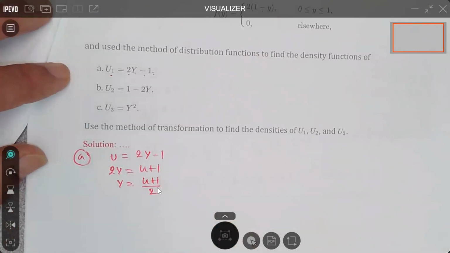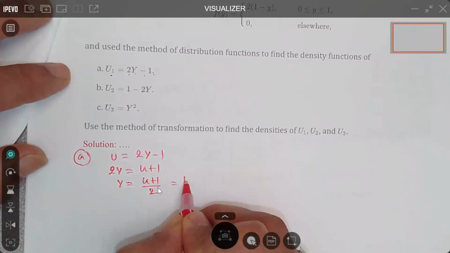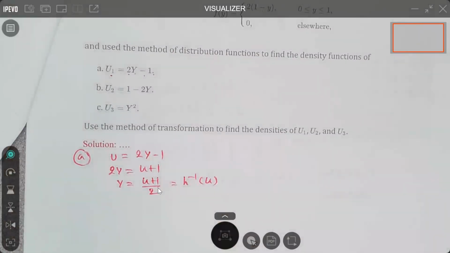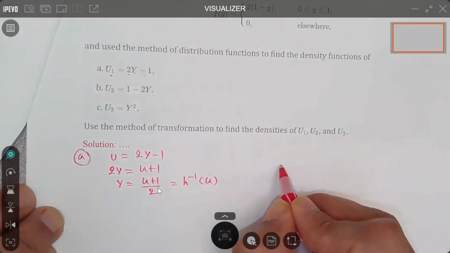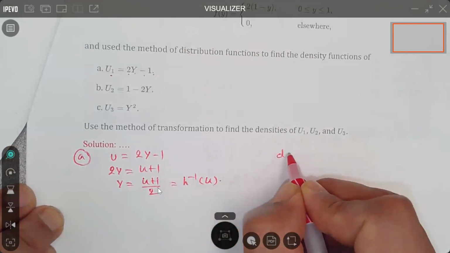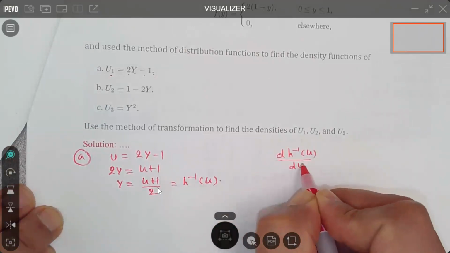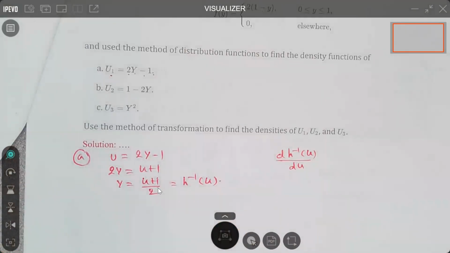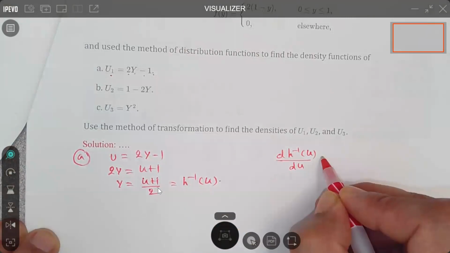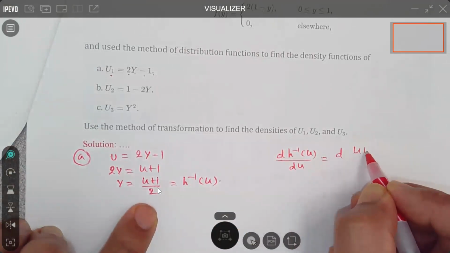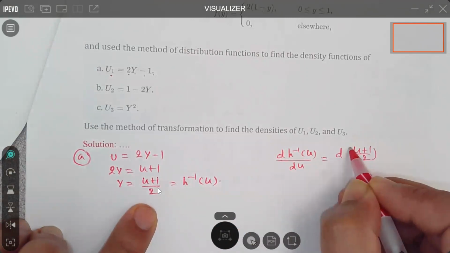So this is the h inverse of u function. Now you take the derivative of this function, d h inverse of u over du, which is d of (u plus 1) over 2.